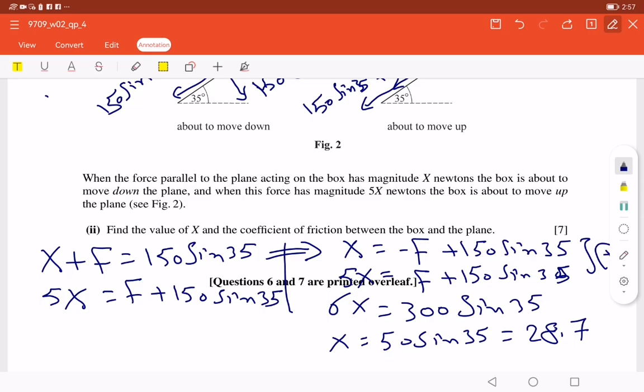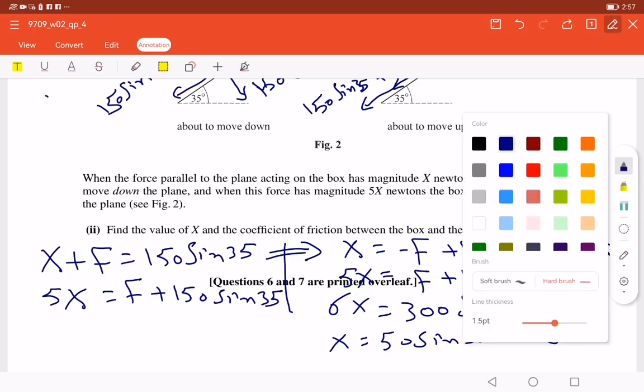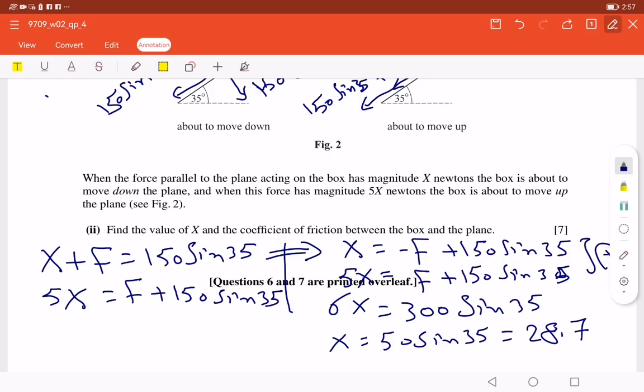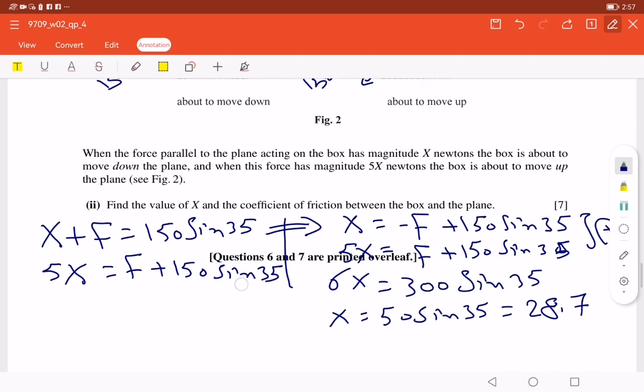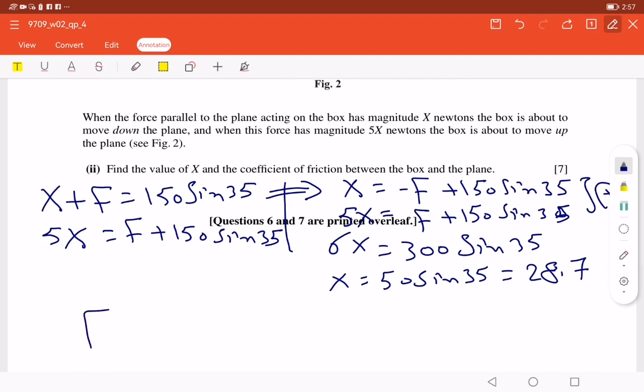But we need to find also the coefficient of the friction. Coefficient of the friction means mu. We have a relation between the friction force and the normal reaction. The friction force, which is F, equals mu R. Okay?